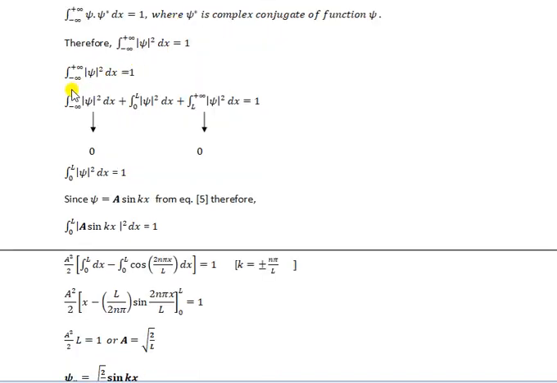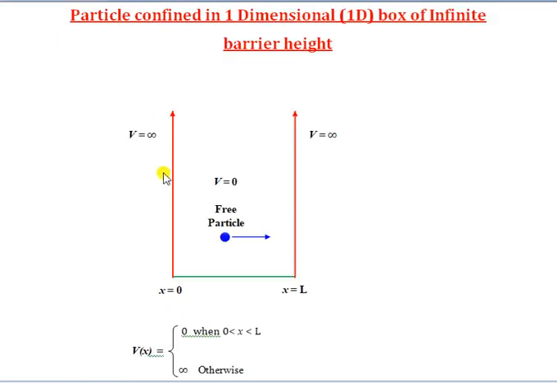Now we can break the limit into minus infinity to 0, 0 to L, and L to infinity, because the potential energy is different for x from minus infinity to 0, 0 to L, and L to infinity.